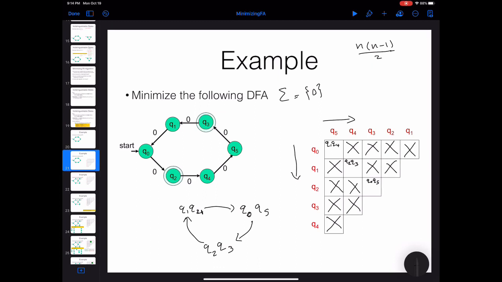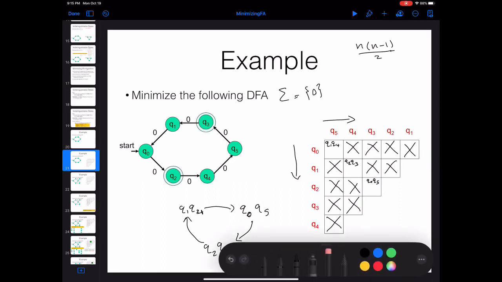You can take all those potential pairs as the equivalent pairs. So Q1, Q4 are equivalent, Q2, Q3 are equivalent, Q0 and Q5 are equivalent. And I'm done with the table. I'm done with this algorithm.